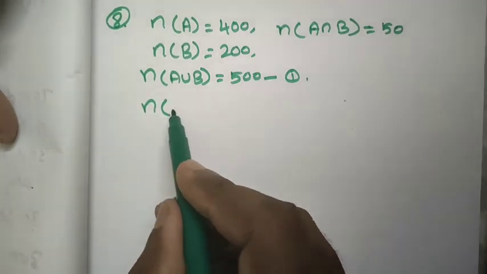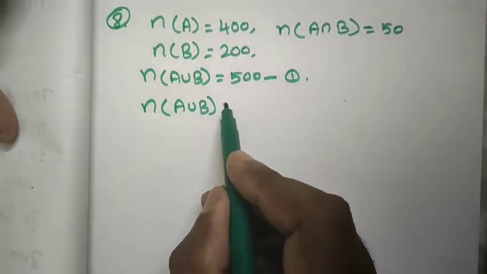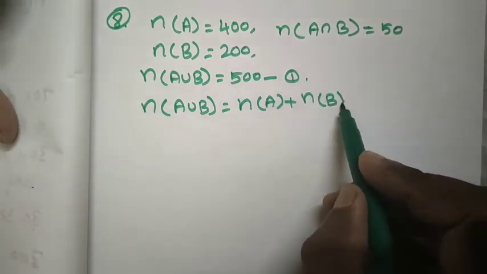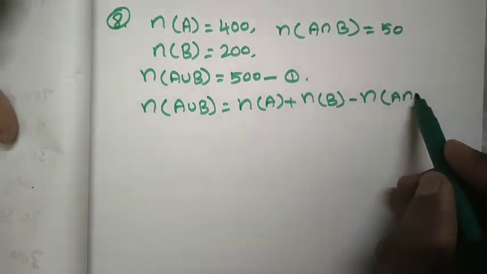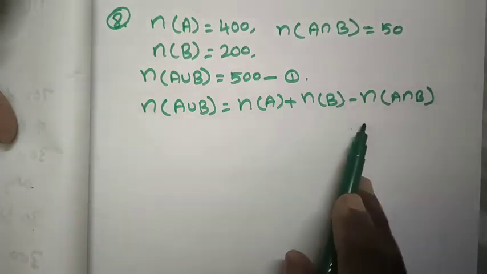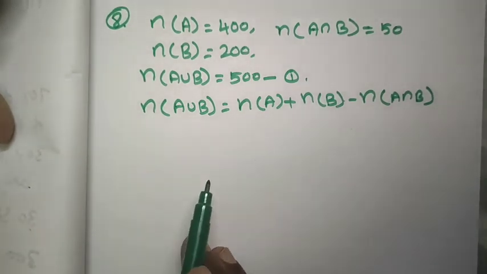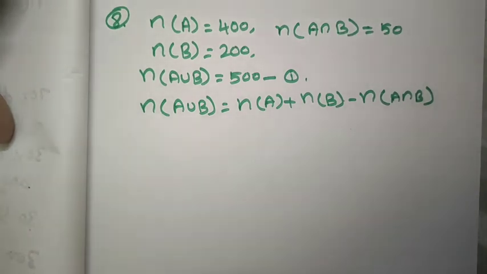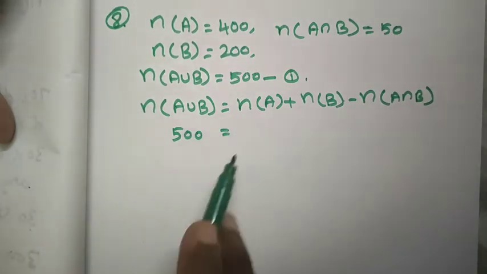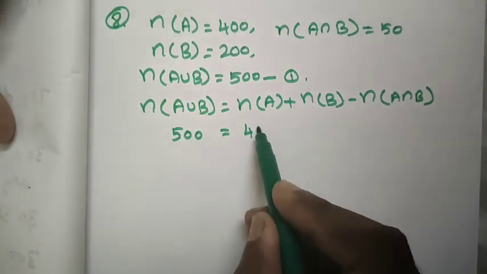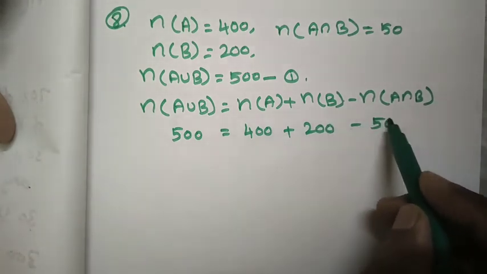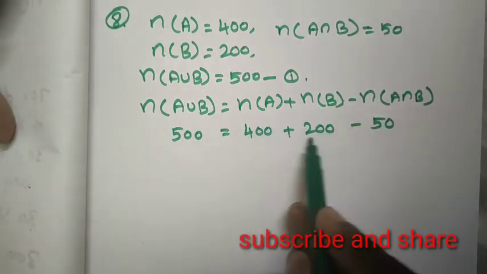Here we know the formula: n of A union B is equal to n of A plus n of B minus n of A intersection B. If LHS is equal to RHS, then we can say the data is correct. If it is not equal, we can say it is not. So n of A union B is 500, n of A is 400, n of B is 200, minus n of A intersection B is 50.